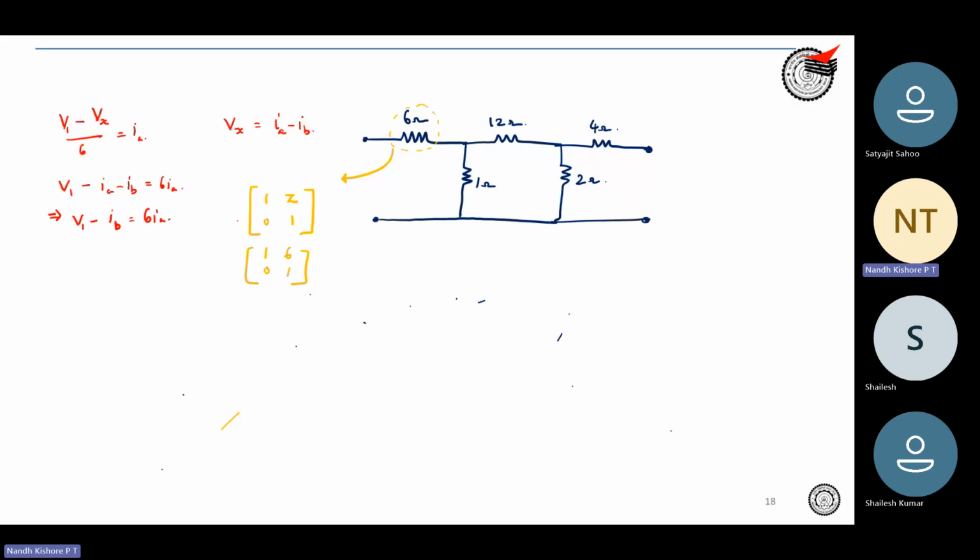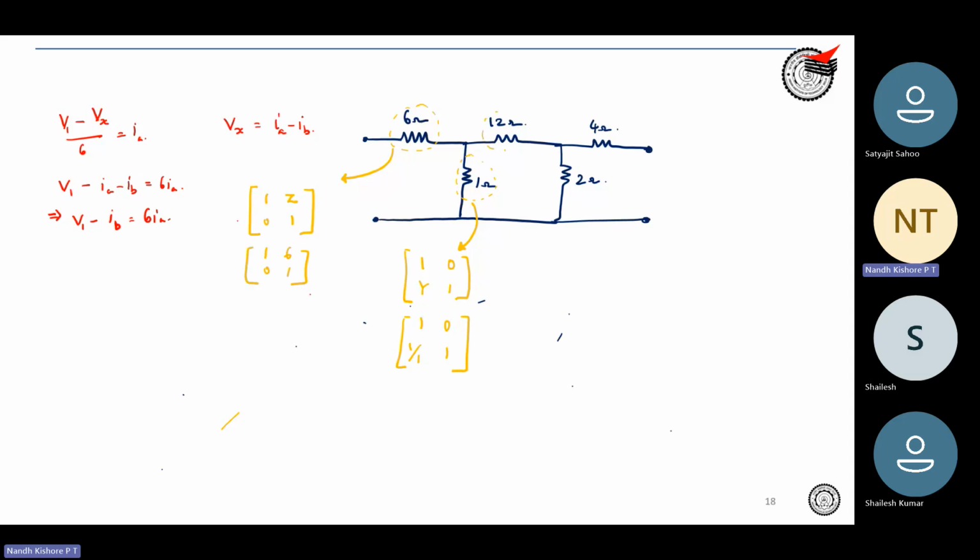After that, I have an element in shunt. A shunt path element can be written as 1, 0, Y, 1, that is 1, 0, admittance 1 by 1, and then 1.